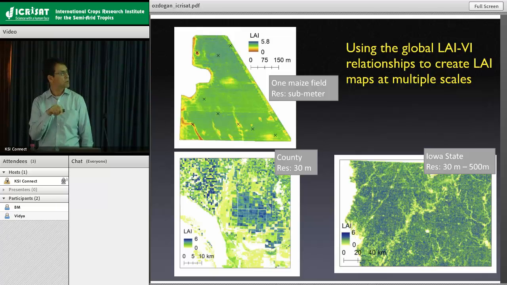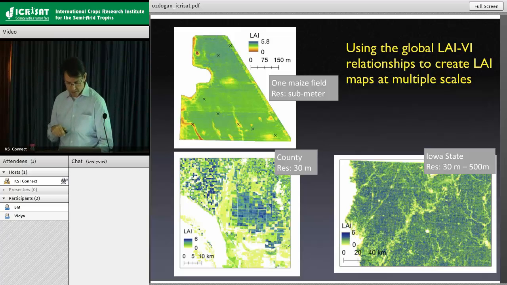And the three pictures that I'm showing over here are simply different scales. Here's a field scale. Here's a regional scale from Landsat, where you can see individual fields, but not necessarily within-field variability. And here is a large area for the entire state of Iowa. And the whole purpose over here is that the relationships that I showed you hold across spatial scales, whether it's field scale or state or regional scale.